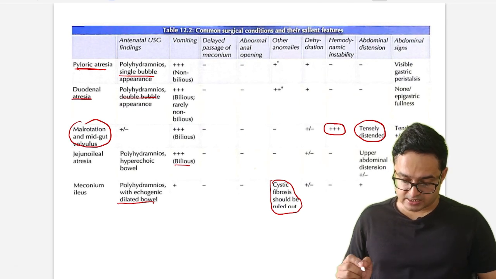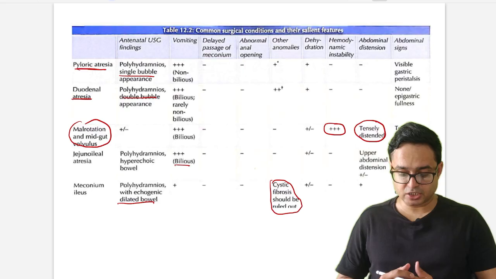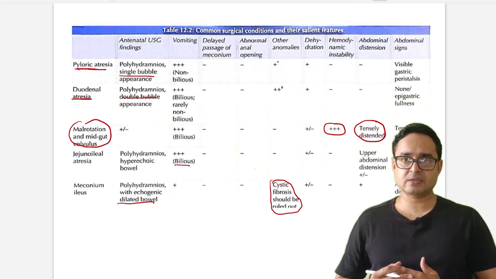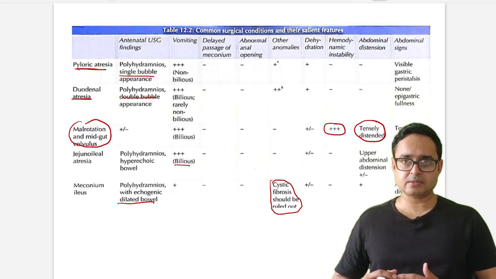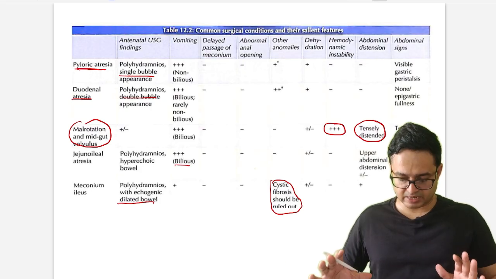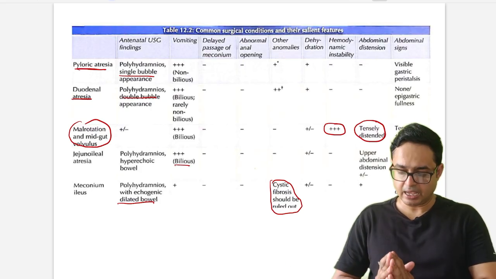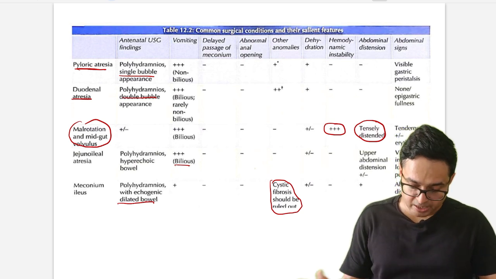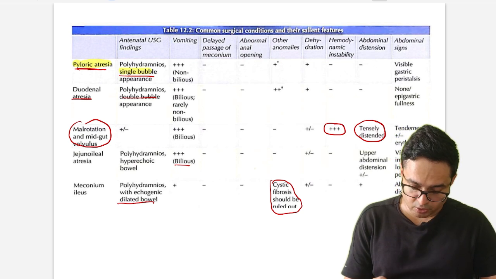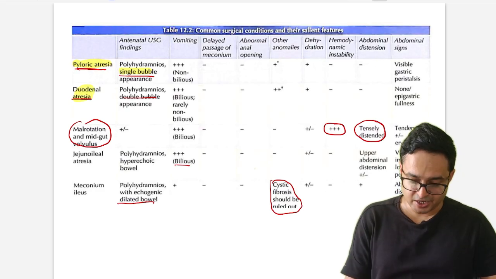Going forward to the next topic, common surgical conditions and their salient features. I'll not discuss this table as a whole. Just pause this video and look at the table if you want to see it completely. I'll discuss just the important points from this table. Pyloric atresia, as we all know, shows single bubble appearance. Duodenal atresia shows double bubble appearance.